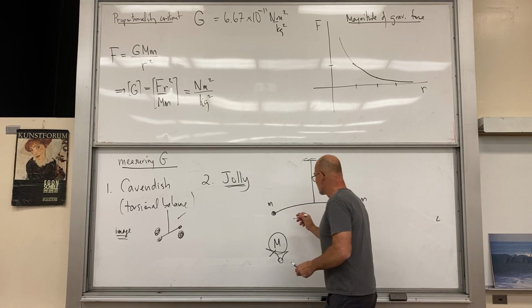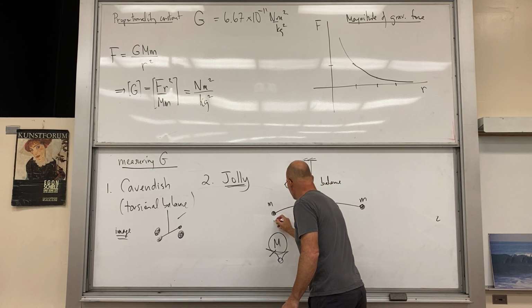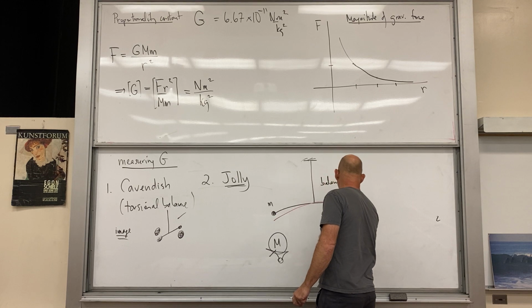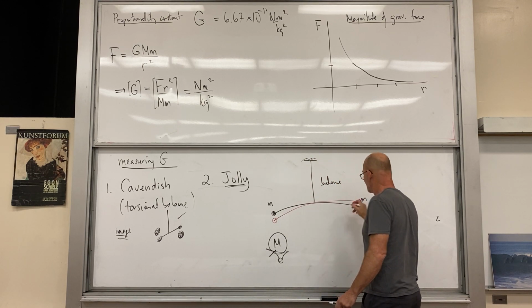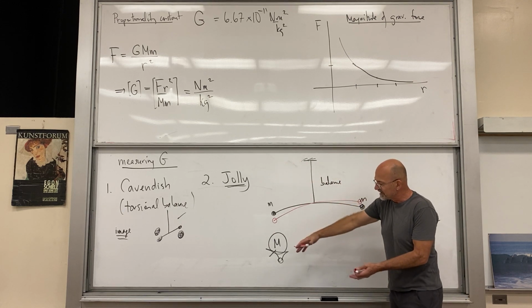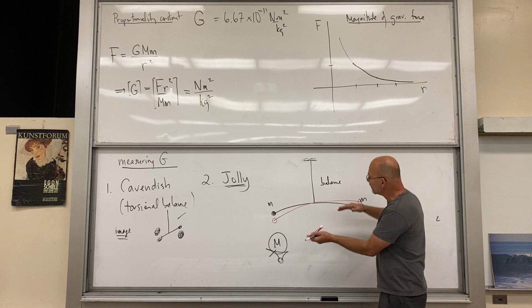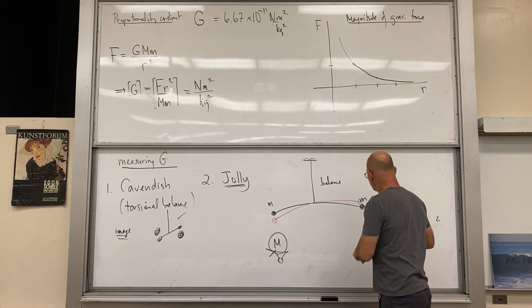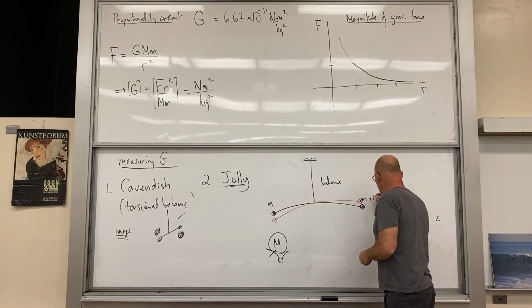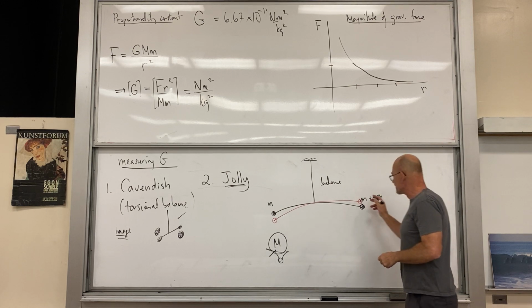By that law, we're going to have this thing tilt. So I'll draw this in red. It tilts a little, right? Because it's attracted, and to bring it back into place, you have to add a little delta M to this side.